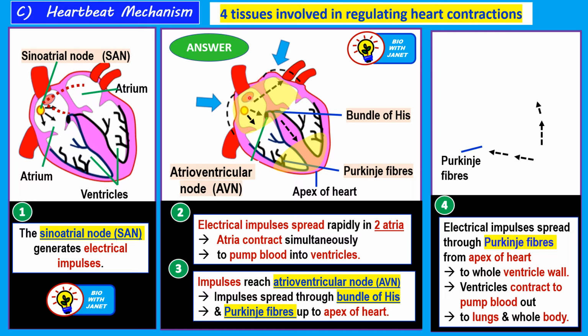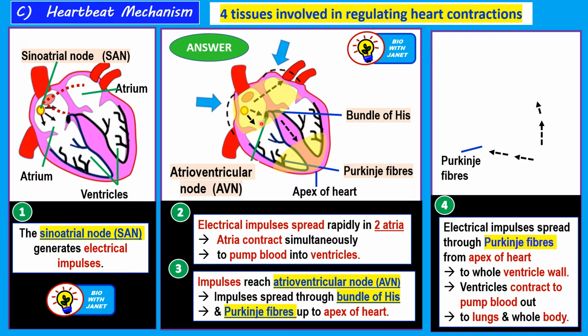This is shown by the yellow shaded part here, to show you that the electrical impulse has spread to both atria, and there is contraction of the atria, because the atria are stimulated to contract due to the presence of electrical impulses. When it contracts, both atria will pump the blood into the ventricles.